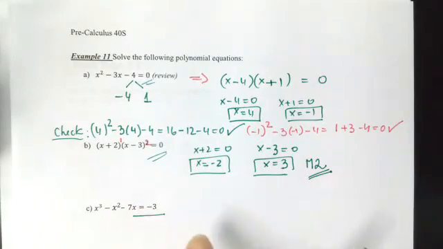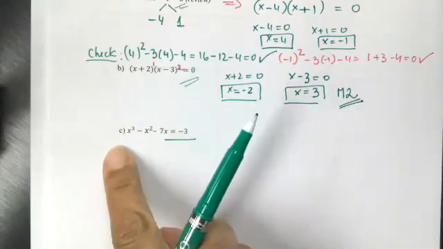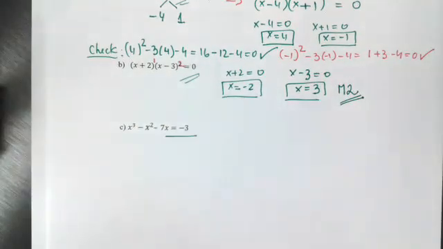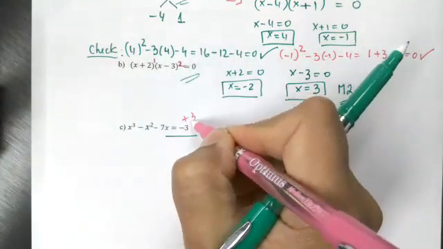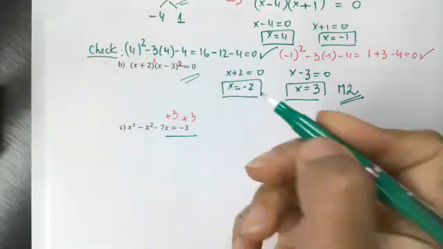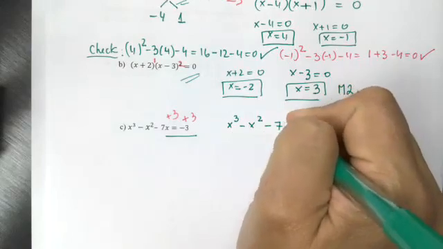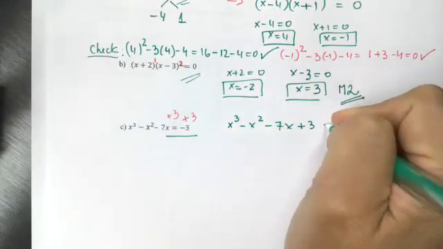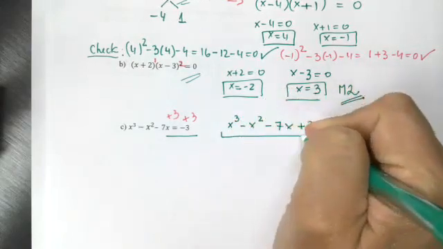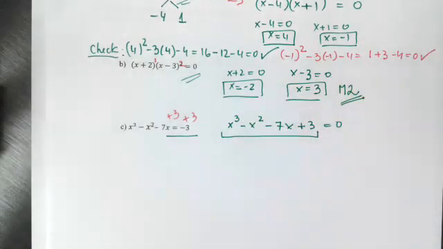That works, but we have to move the -3 to the other side to even start this question. So I would add 3 to both sides, and it's going to give me x cubed minus x squared minus 7x plus 3 equals 0. And now, on the left-hand side, I have a nice clean cubic polynomial equal to 0.